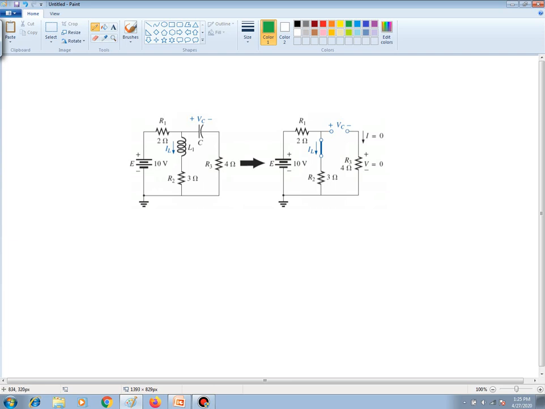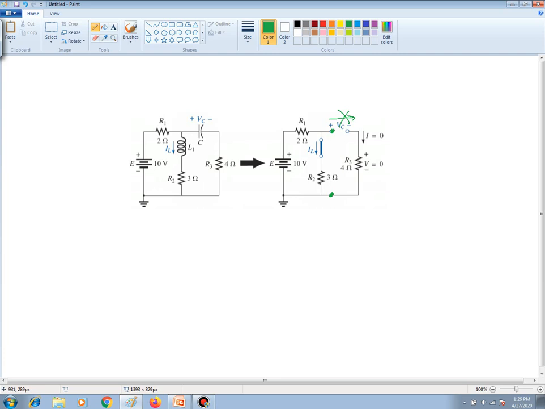To solve for V sub C, since no current flows through the resistor, if we measure from this point to the other side of the resistor right there, that would still provide us our V sub C, because the voltage on one side of R3 is the same as on the other side.